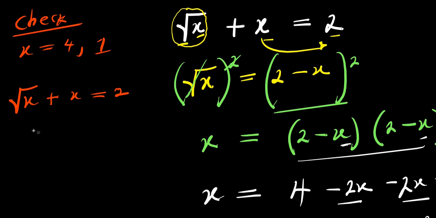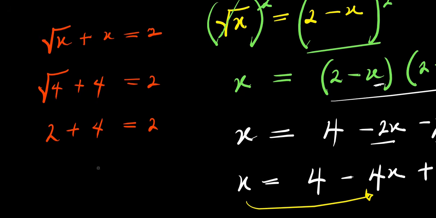If x equals 4, it means square root of 4 plus 4. Square root of 4 is 2, plus 4. 2 plus 4 is 6, and this is not 2. So that means this actually does not satisfy the equation.